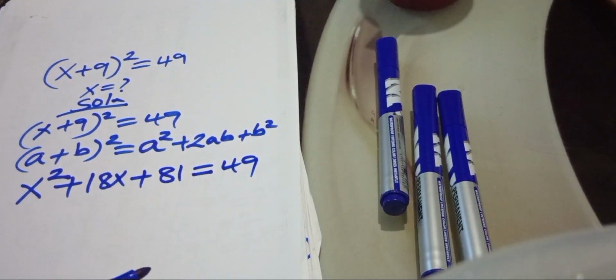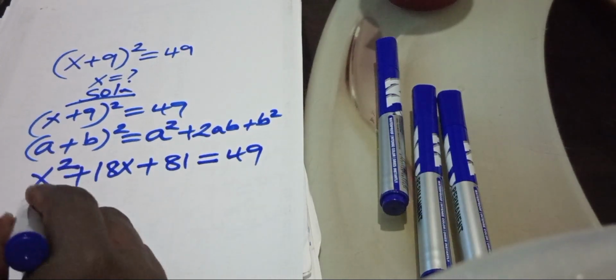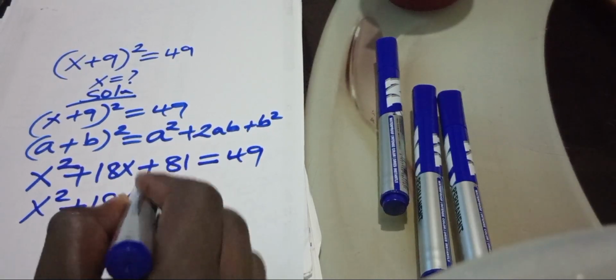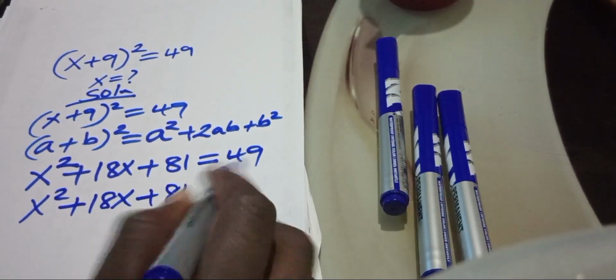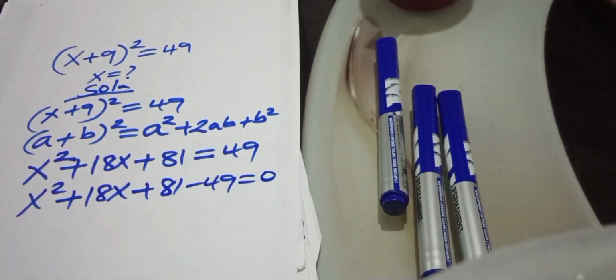So we have x^2 + 18x + 81, subtract 49, equal to 0.